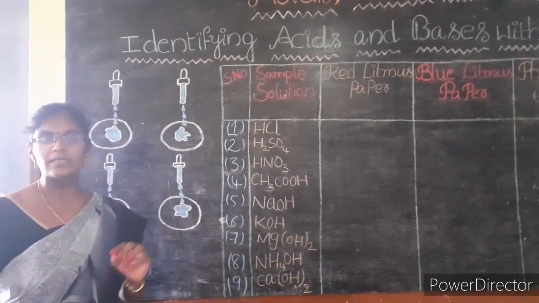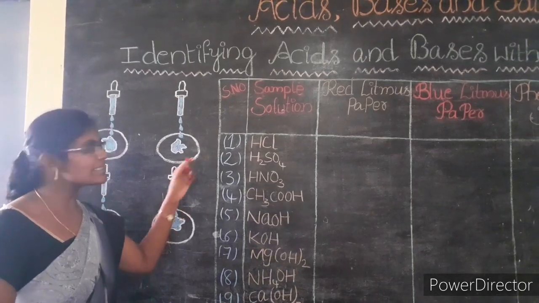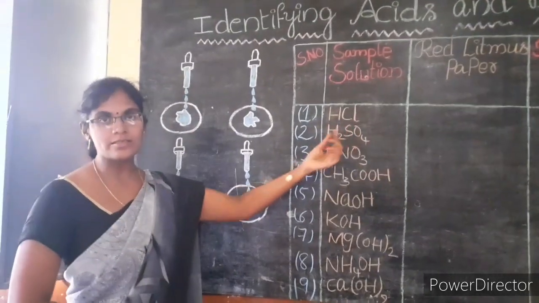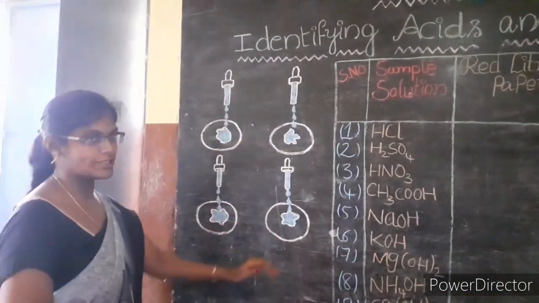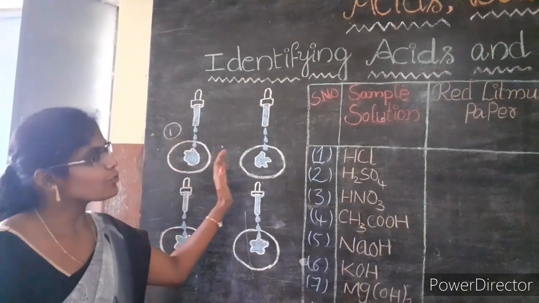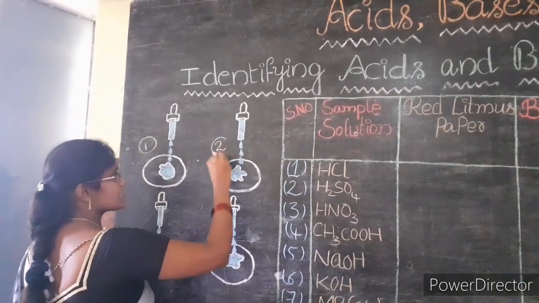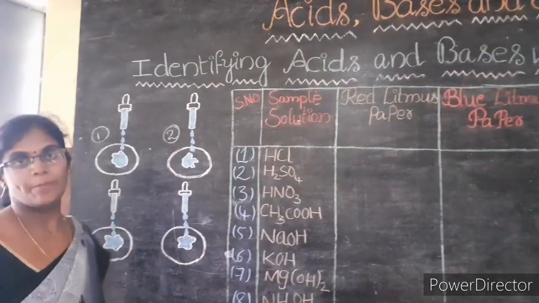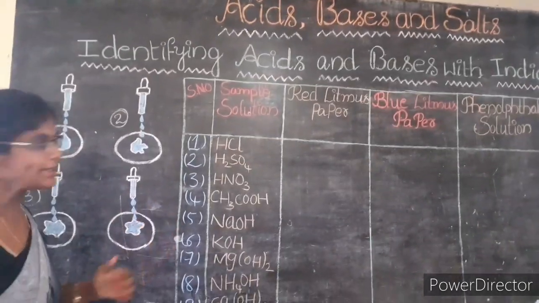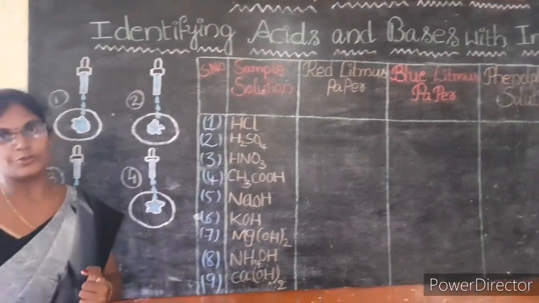Dilute means take a small quantity of acid or base and mix it into water. Pour a few drops of dilute HCl solution on 4 watch glasses and check the first watch glass with red litmus paper, the second with blue litmus paper, the third with phenolphthalein solution and the fourth with methyl orange solution.